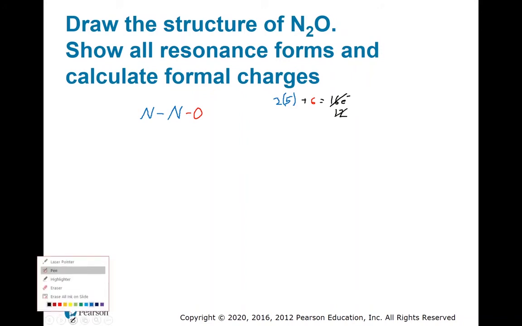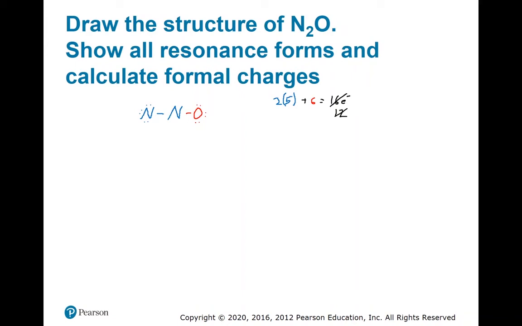We won't have to assign any to the central atom. So we have 3 lone pairs around the left nitrogen, and 3 lone pairs around our oxygen. This is what we have after step 3, and indeed after step 4 as well. Since there are no electrons left, we can't put any on our central nitrogen.